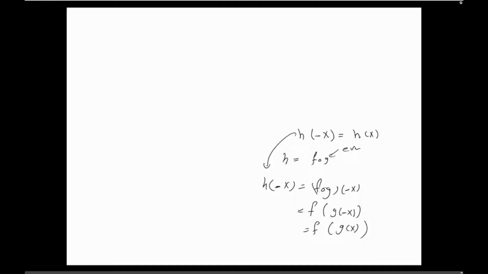If it was odd, it would throw the minus to the outside, but since it's even, it gets rid of it. And if you look over here, this function equals f of g of x, which is also equivalent to h of x.